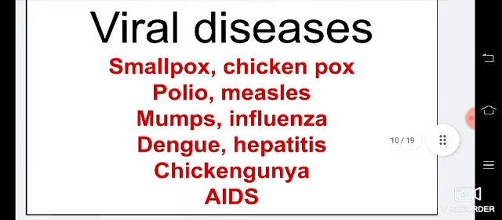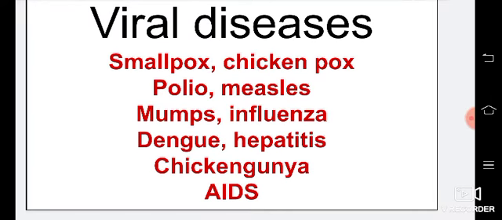Look at this, these are some viral diseases: smallpox, chickenpox, polio, measles, mumps, influenza, dengue, hepatitis, chikungunya, AIDS. All these diseases affect only human beings. So viral diseases affect one type of organism, not animals and other things.